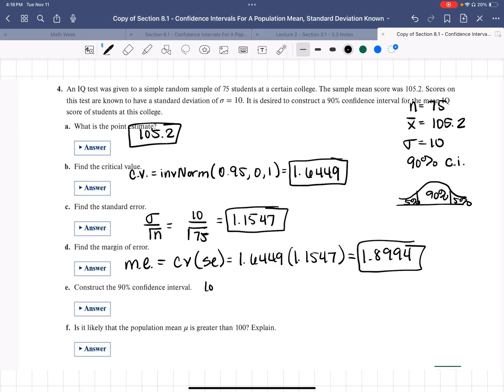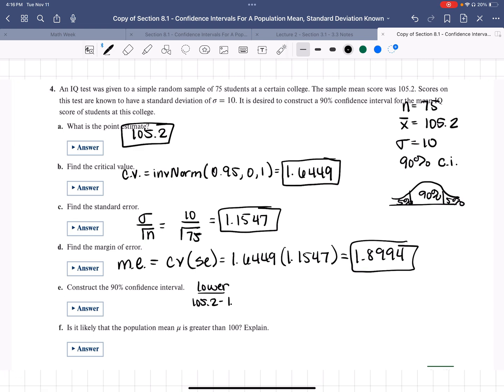So to find the lower, I'm going to say 105.2 minus 1.8994, which will give me 103.3.